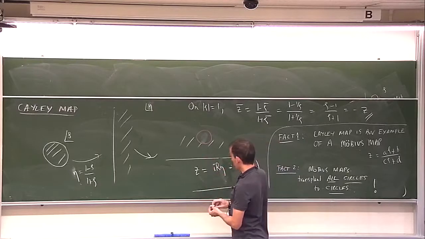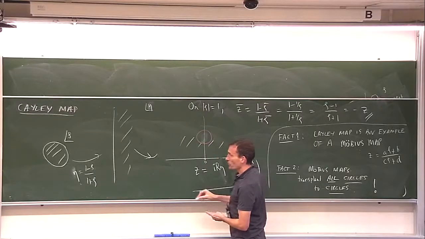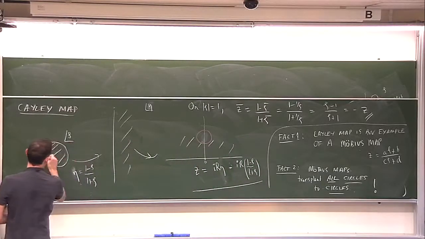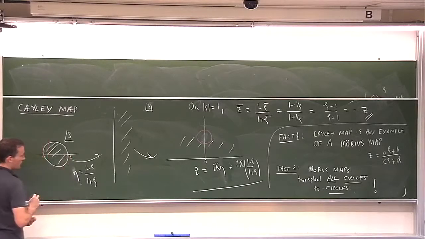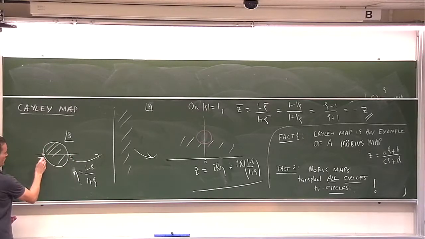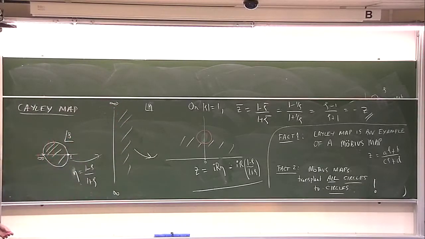Let's suppose this is the origin, which is this point, and remember, this goes off to infinity. And this is minus 1. So have a think.